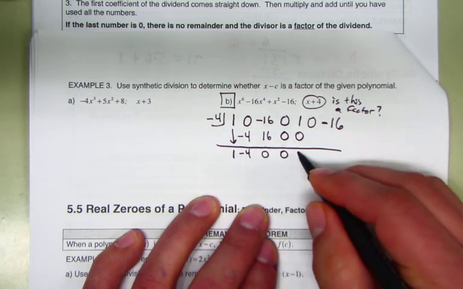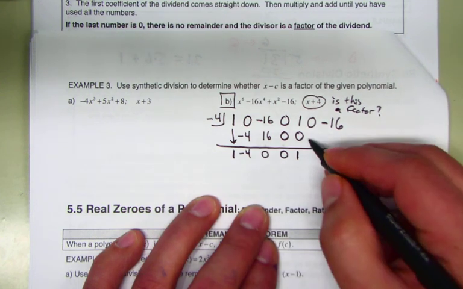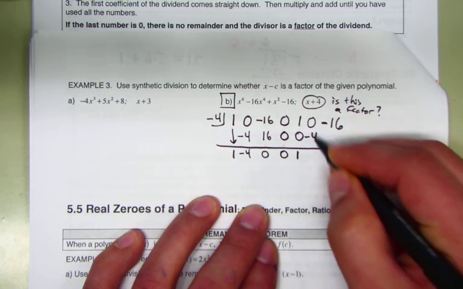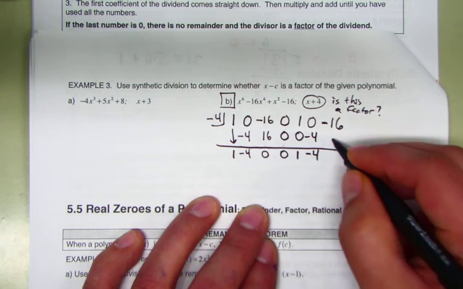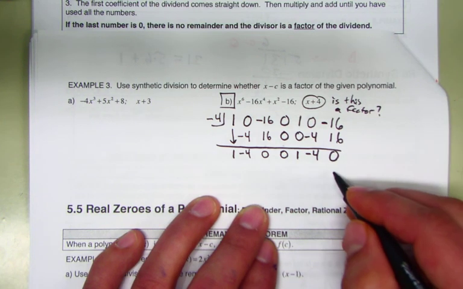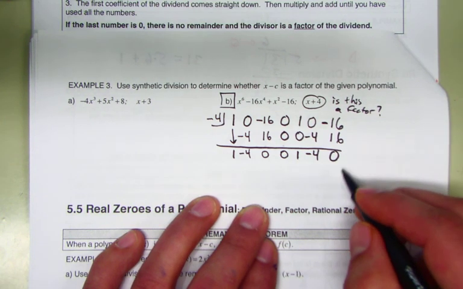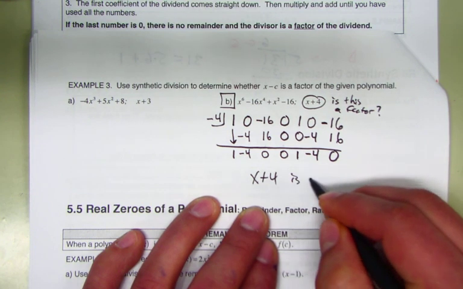Add that up, 1. 1 times negative 4 is negative 4. Add that up, negative 4. Negative 4 times negative 4 is 16. And look at that, 0 is a remainder. So what do we conclude? Exactly, that x plus 4 is a factor.